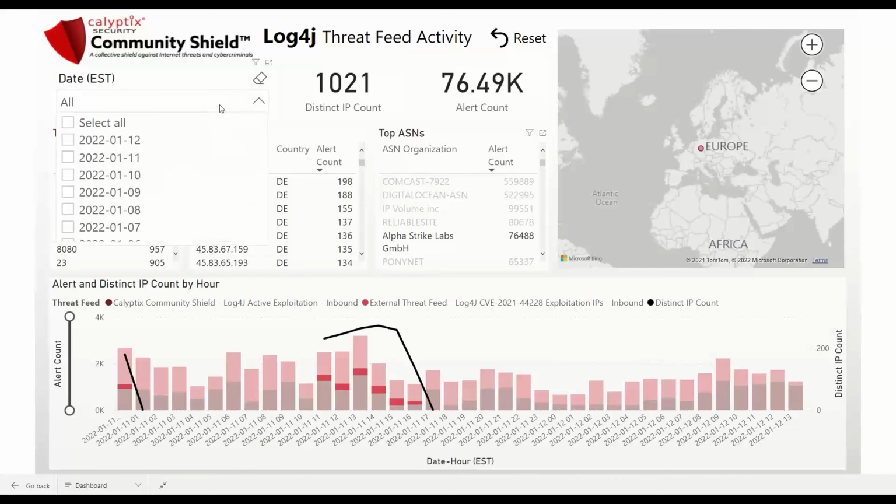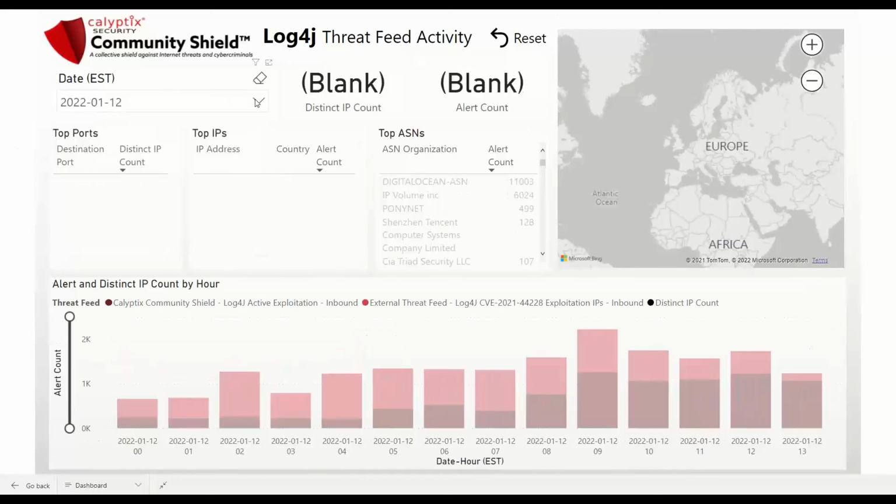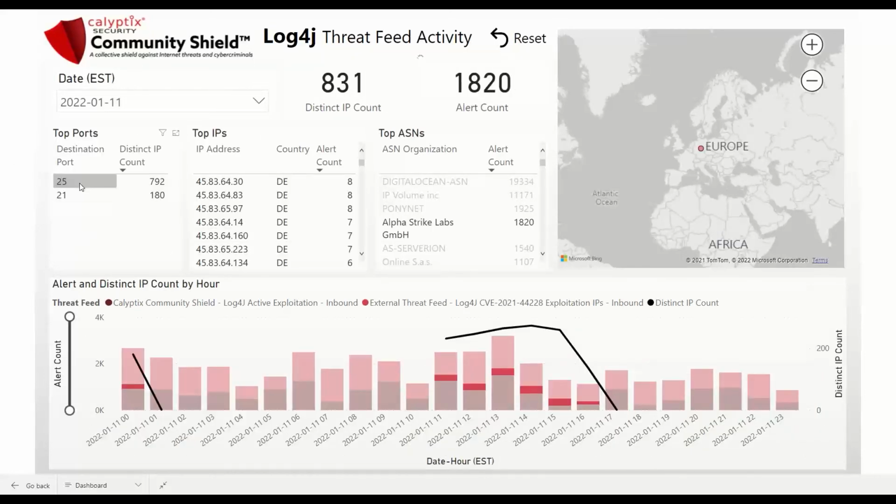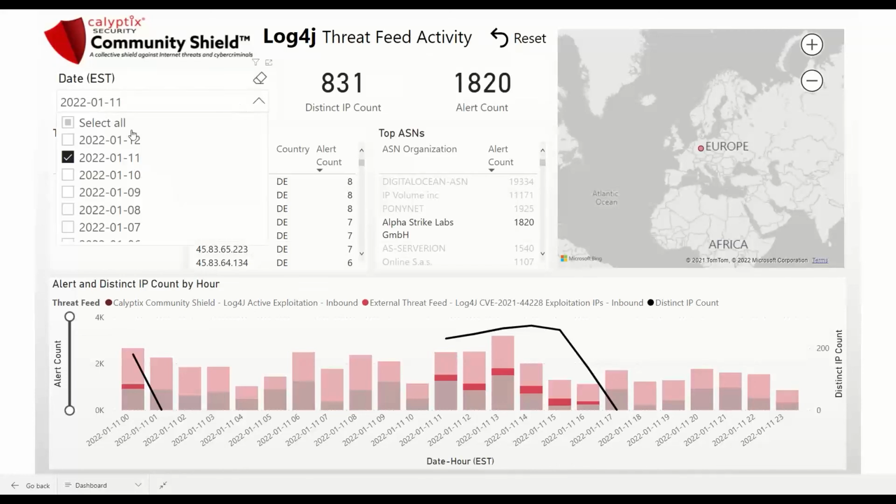If you look at most recently, what did they look at today? Oh, we hadn't picked them up today. Well, yesterday, what did they look at? They were looking at 25 and 21. Lawrence, does that mean anything to you, that they're not looking at the same port every day?